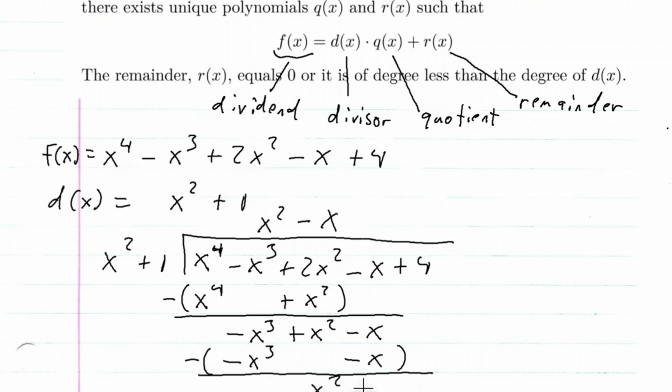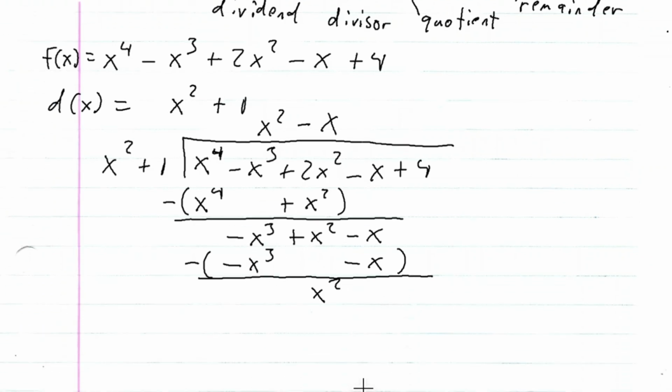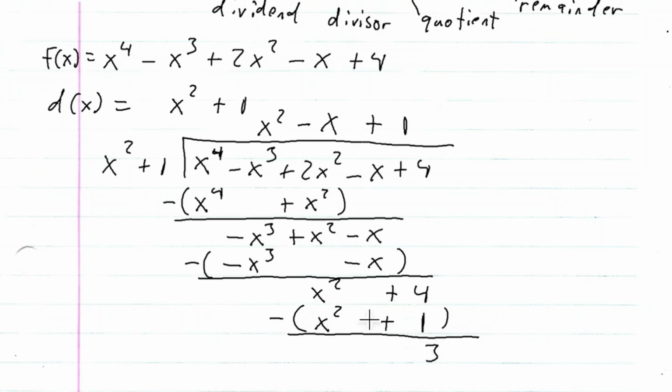We're going to have x squared here, and 0 here because negative x minus negative x is 0. So then we bring down the plus 4, and then we can just add 1. So this will be 1 times 1, which is 1, and 1 times x squared is x squared. Subtract that, and that'll give us 4 minus 1 is 3. And of course, x squared minus x squared is 0.